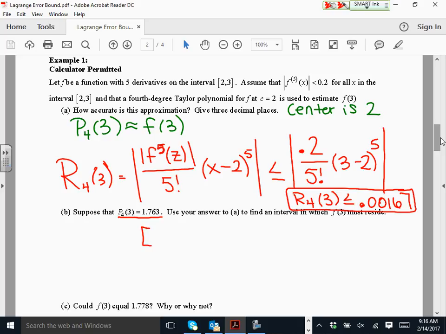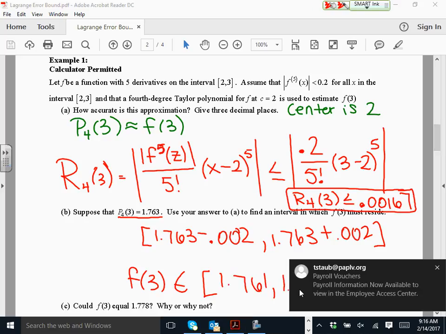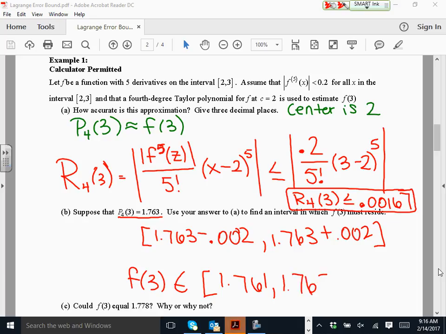So we have an interval, 1.763 minus our error, and 1.763 plus our potential error. So f of 3 would actually reside somewhere in the interval 1.761 to 1.765.